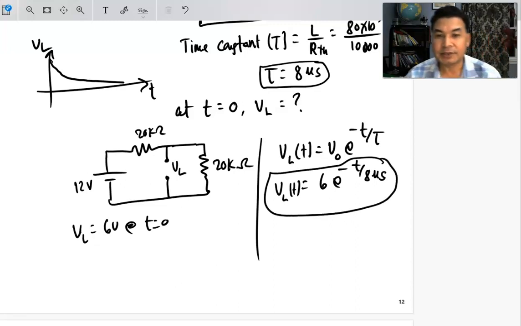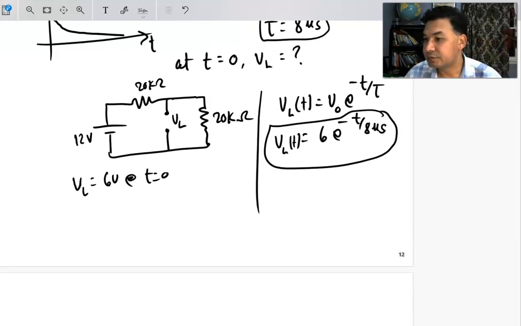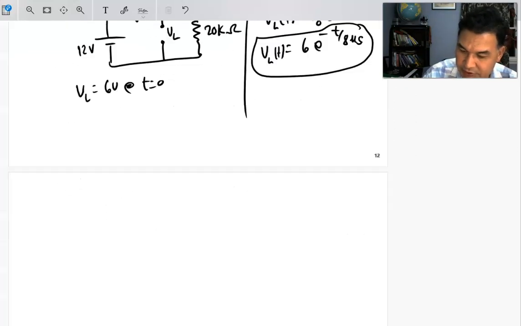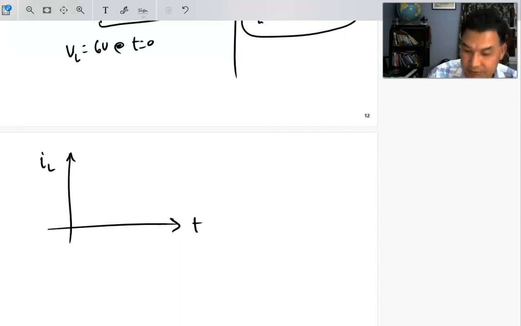However, current increases exponentially over time. So how does the current change? We know in an inductor, current slowly increases. If you measure the current across the inductor as a function of time, it will go like that, an exponential increase.